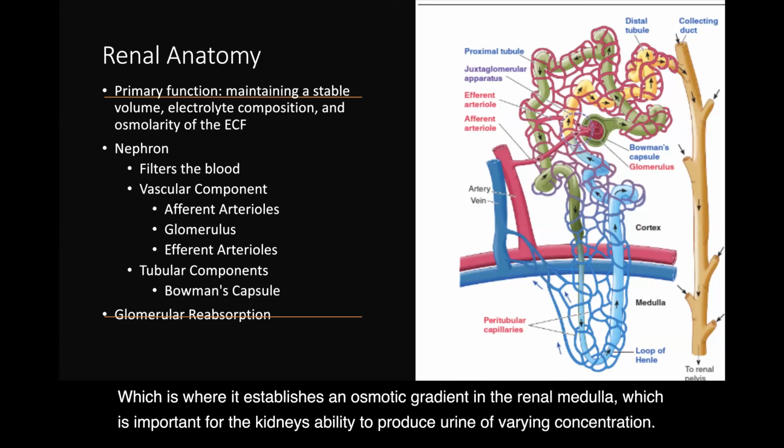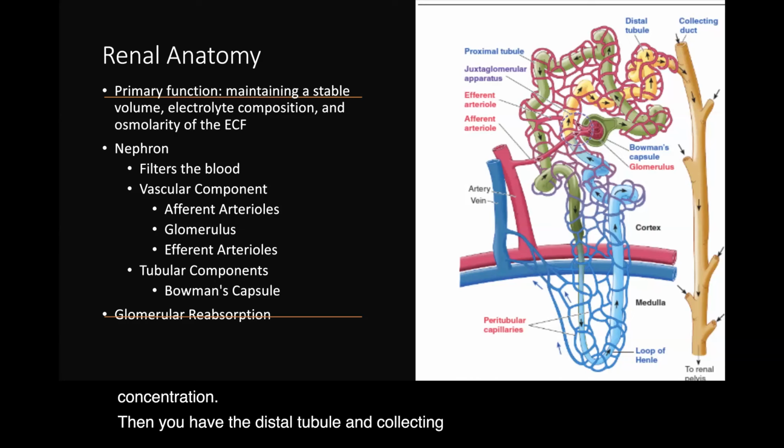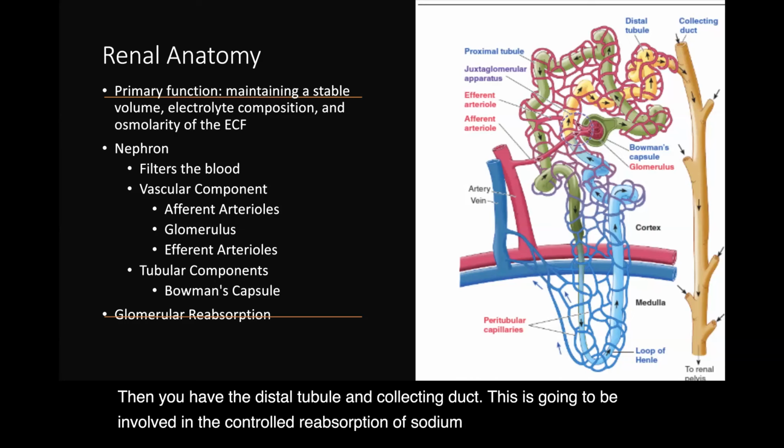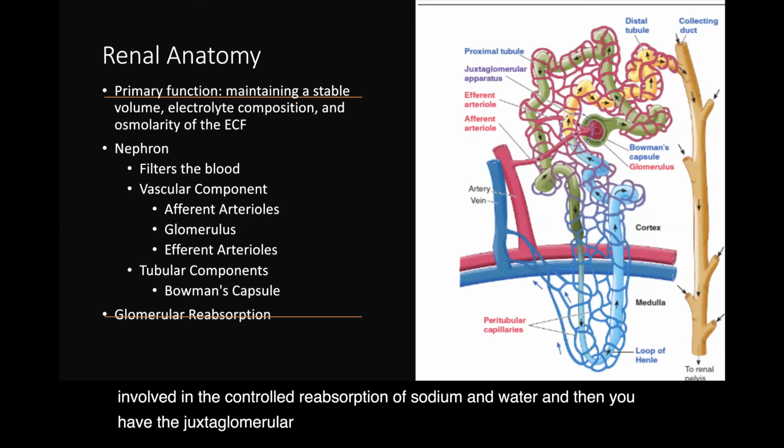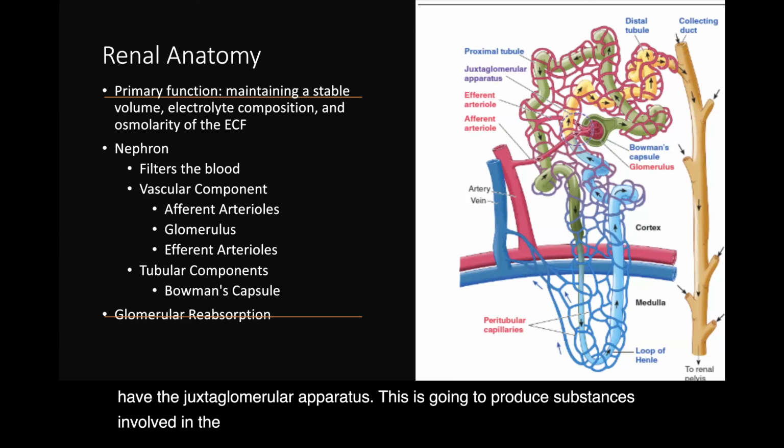Then you have the distal tubule and collecting duct. This is going to be involved in the controlled reabsorption of sodium and water. And then you have the juxtaglomerular apparatus. This is going to produce substances involved in the control of kidney function, which we will get more into a little bit later.